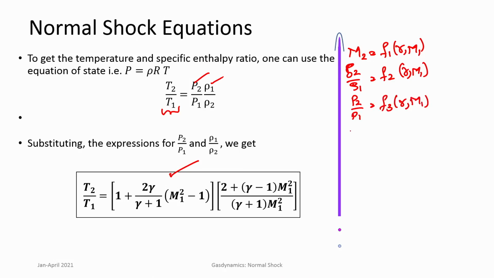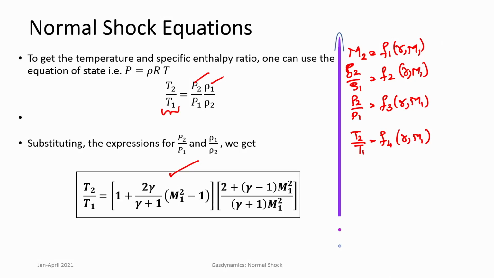So this emphasizes that for a normal shock, if you know the upstream conditions, then you can completely determine the downstream conditions. So these relate the static quantities across the normal shock.